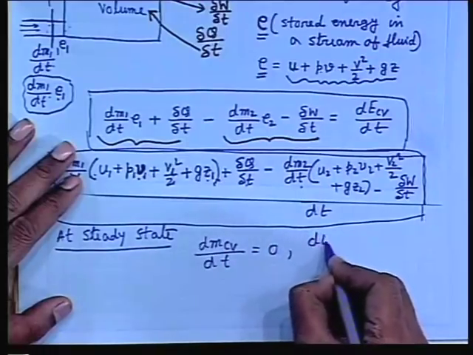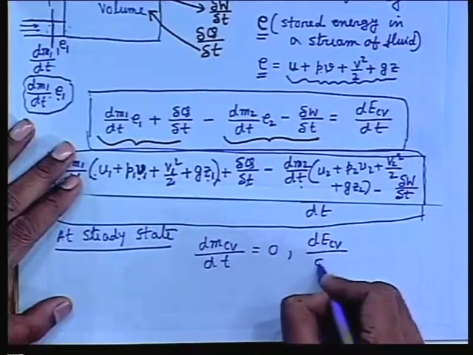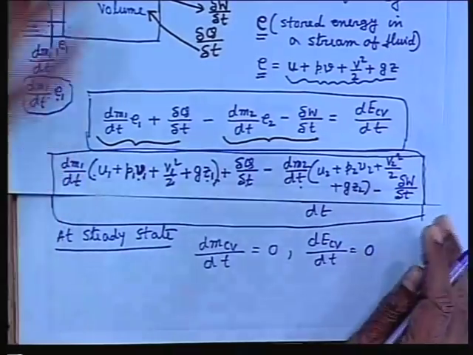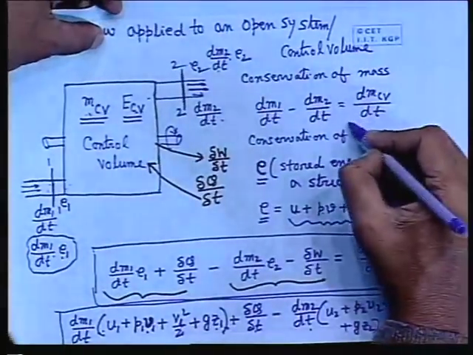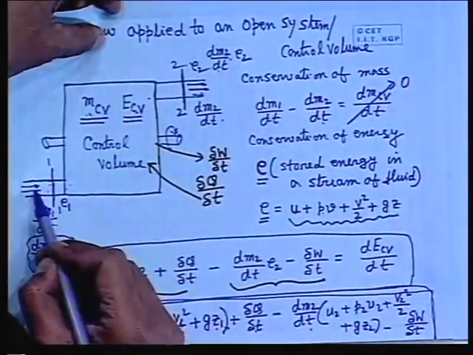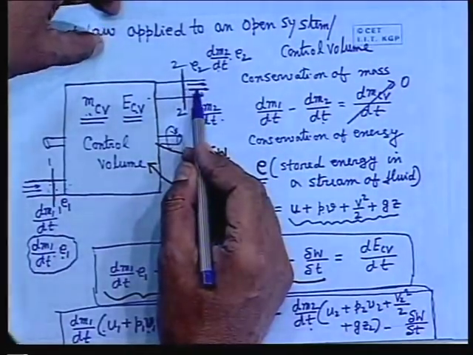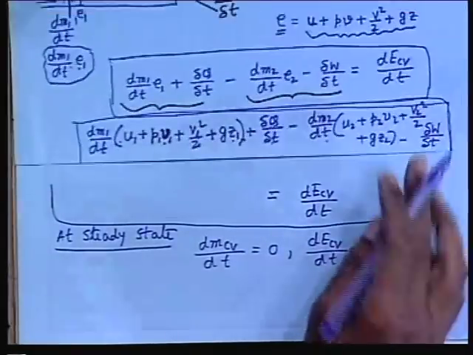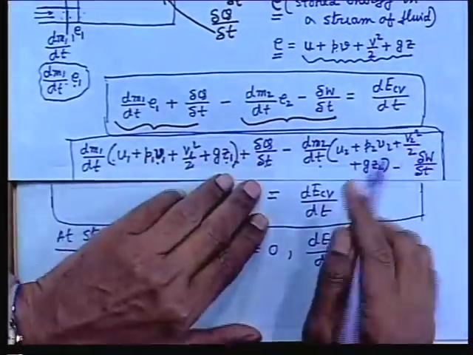Similarly, the rate of change of energy with time is 0. That means they will be invariant with time. That means the conservation of mass tells us this will be 0, that is, dm1/dt is equal to dm2/dt. That means the mass inflow is equal to mass outflow. Similarly, dE_CV/dt will be 0.